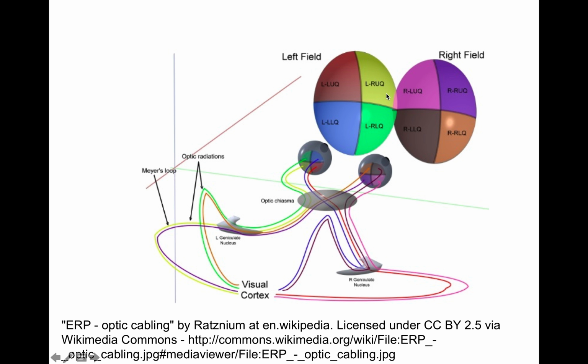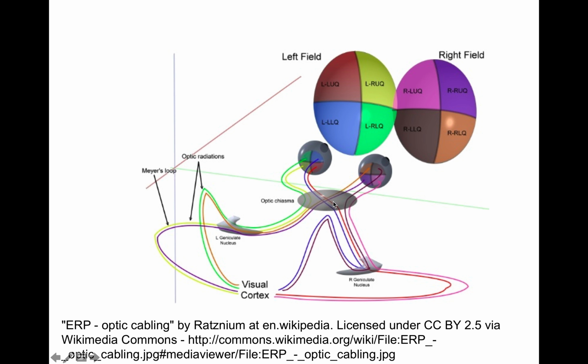So your right part of your visual field is being carried back by this portion of the retina on the left eye. The right part of your visual field is being carried by the nasal part of this retina here and feeding back into the brain towards the LGN. And what's interesting is that all the wiring that we have here is responsible for processing input from here and from here.